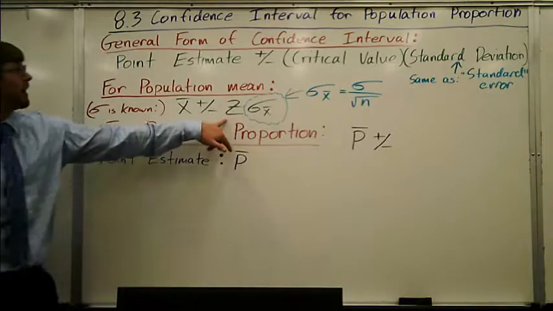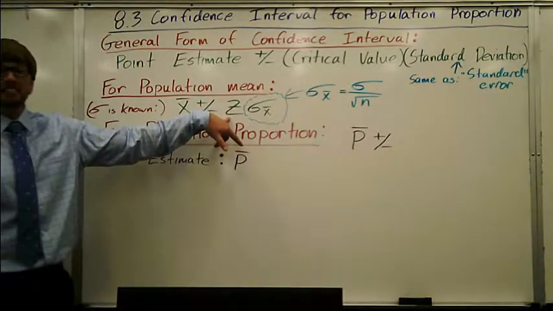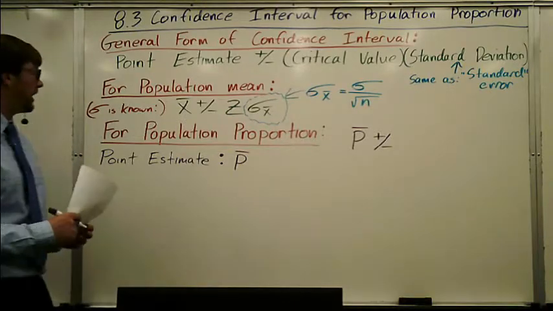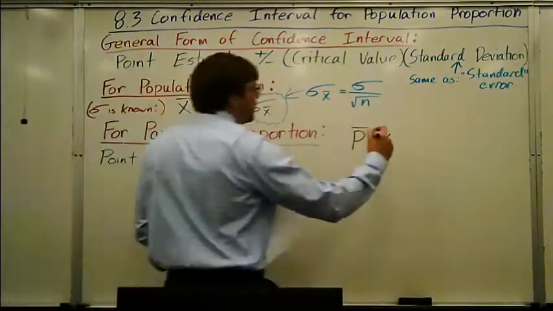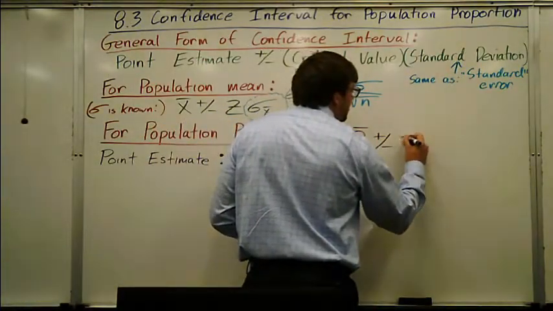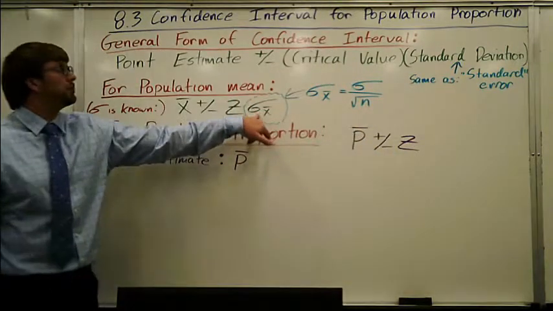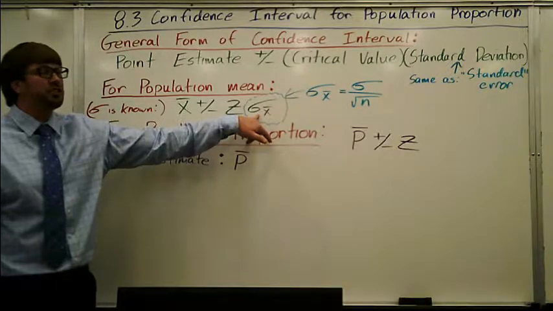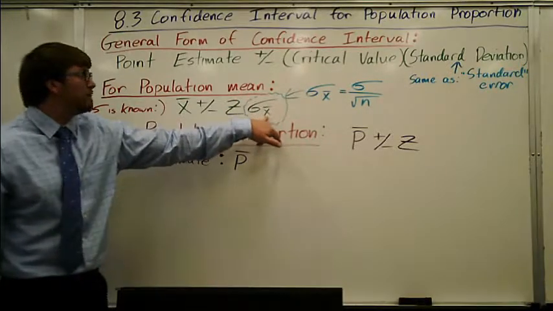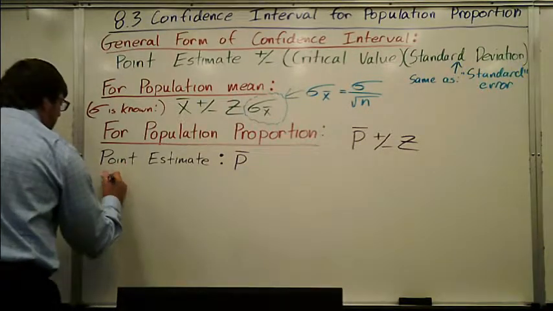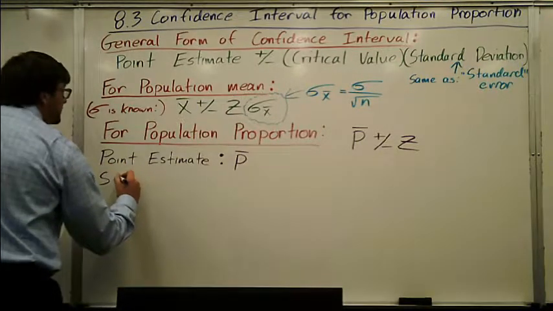Population proportion confidence intervals, again, are just based on z values. So you just want to figure out the z value corresponding to your confidence level. So plus or minus your z critical value, and then multiplied by the standard deviation, not of a sample mean, but the standard deviation of a proportion.